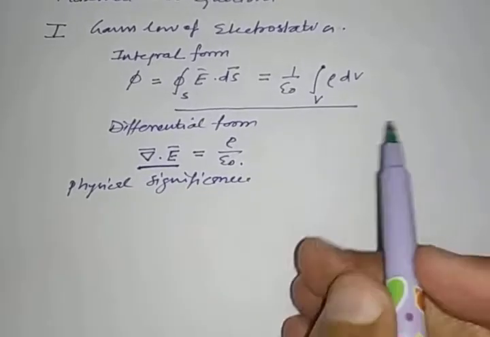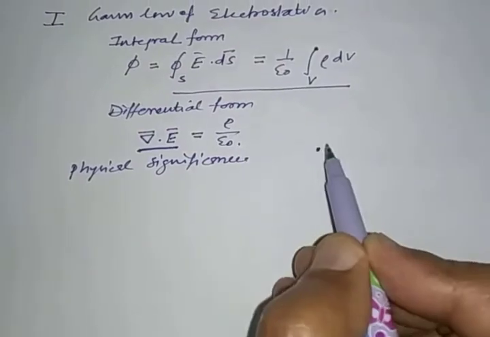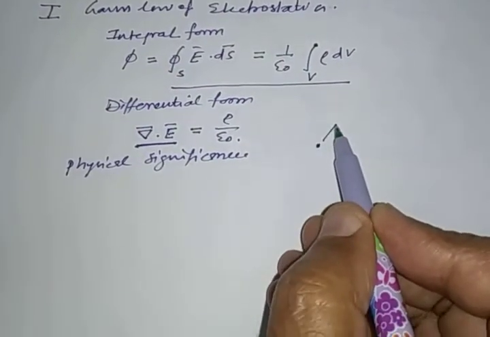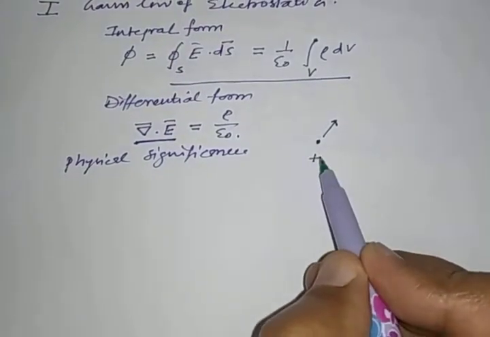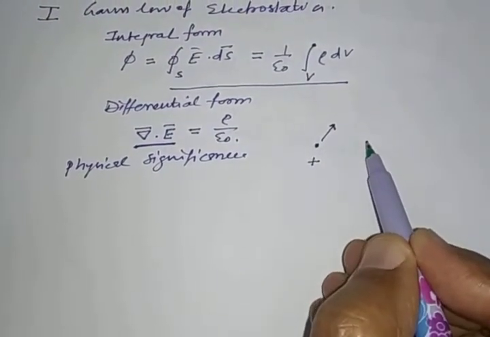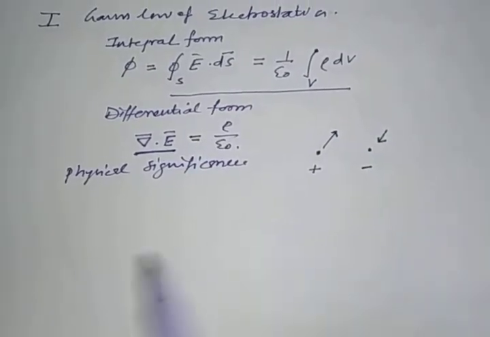As you all know, if from any point the field is outward, divergence will be positive, and if at any point the field is inward, the divergence will be negative.